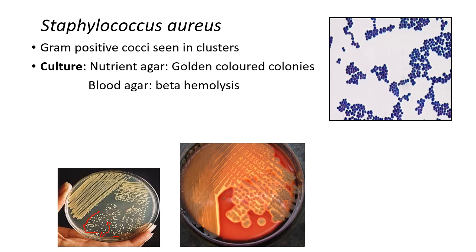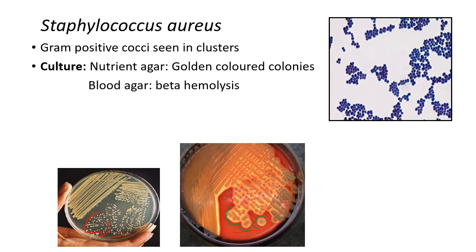Now on blood agar, what do you see? You see these large colonies. You can see the pigment, it is golden in color, and also you see this nice halo around the colonies. And this halo is exactly what is meant by beta hemolysis.